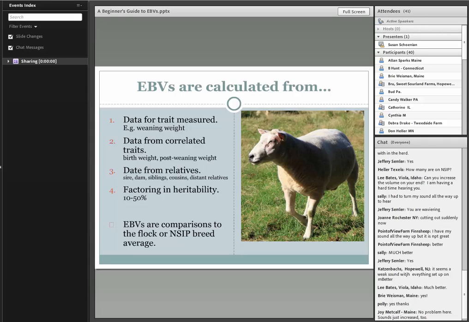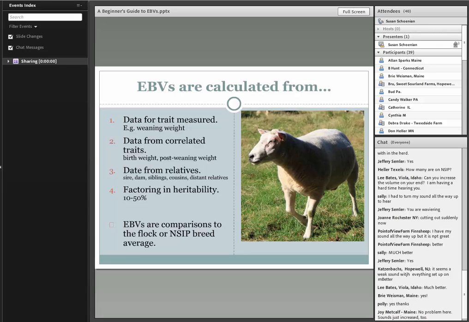But his birth weight, his post-weaning weight, his yearling weight in this case would also go into the calculation of that weaning weight. So the more related data you can provide, the more it improves the accuracy, the confidence in that EBV. For example, if I just wanted to record weaning weights, I didn't want to record post-weaning weights, my data probably wouldn't be as accurate. So the more data I can include, the better.